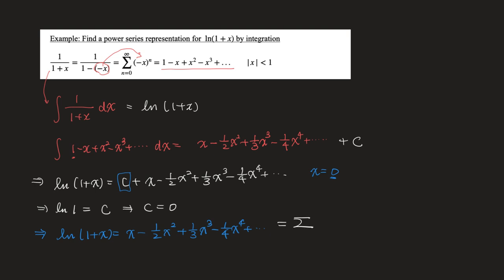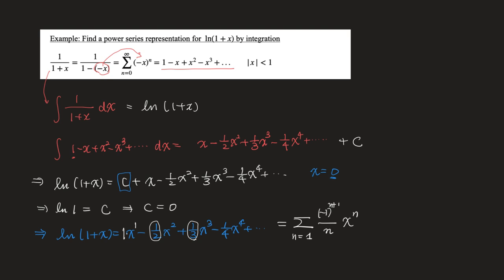Look at the pattern: 1, 2, 3, 4, x to the n, starting at n equals 1. Positive, negative, positive, negative, so negative 1 to the n plus 1, over n. The first coefficient is 1, the second is 1 over 2, the third is 1 over 3. So you find the power series for ln(1 plus x).